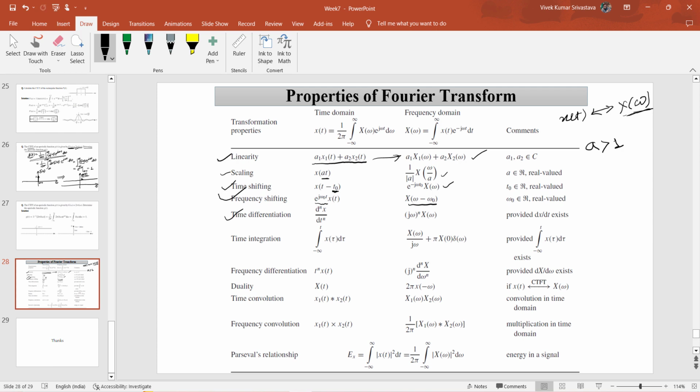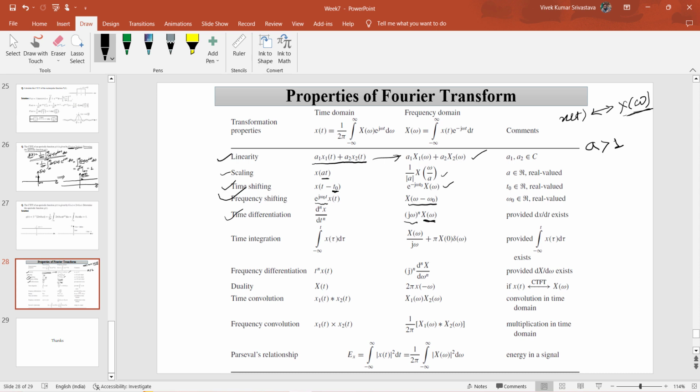Similarly, the differentiation property: if you are differentiating the signal x of t by an order of n, then a factor is multiplied in the corresponding frequency transform, which is equal to j omega raised to the power n.